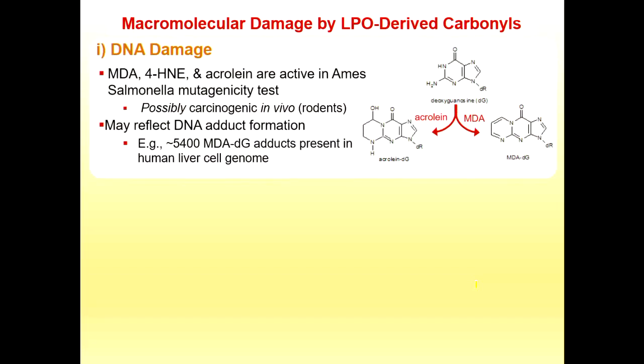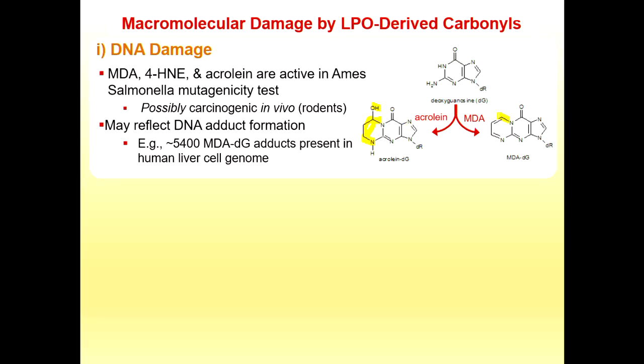Okay, so why are these substances so nasty? Well, they attack DNA and form adducts. So you can see it's deoxyguanine, and in the case of a reaction with acrolein, we've got this new 3-carbon ring added onto the end of the guanine molecule.